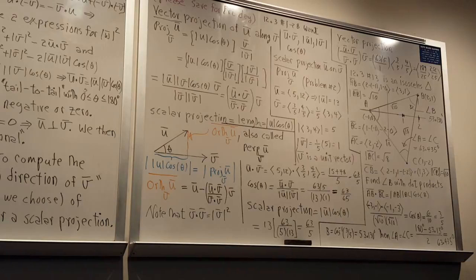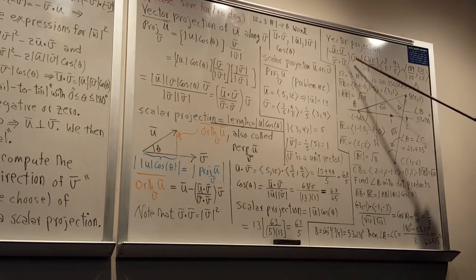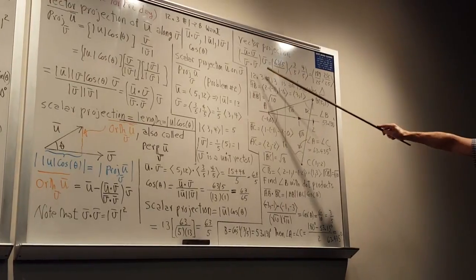And then finally, you can do your vector projection, which is this quotient of the dot products times the v.